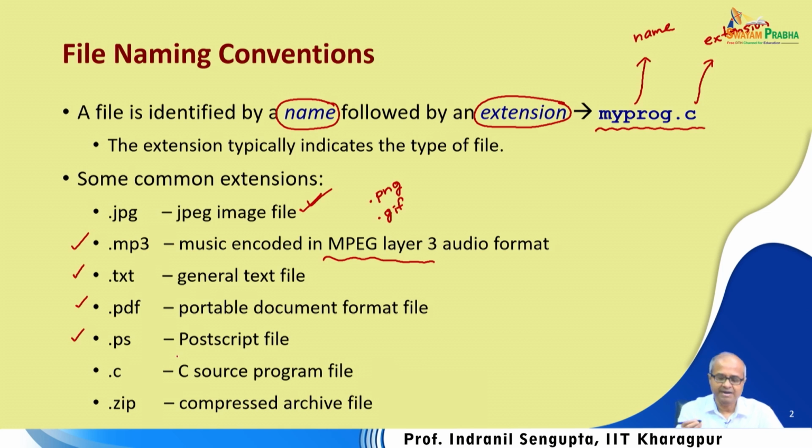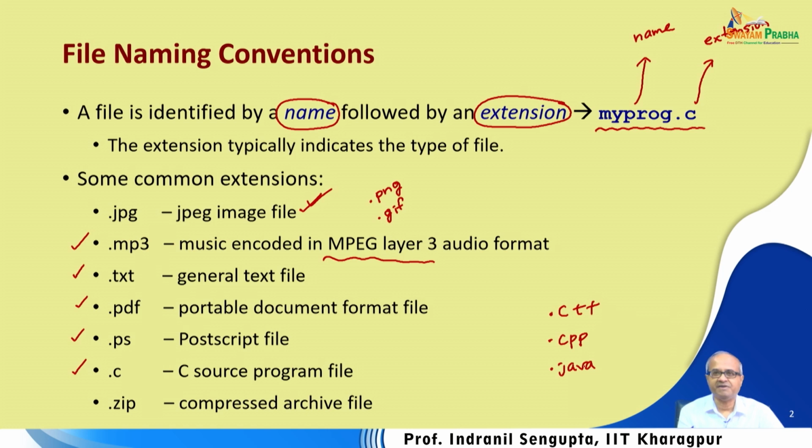And .c indicates that it is a C source program file. For C++, you use either .c++ or .cpp. For a Java program, you typically use .java and so on.